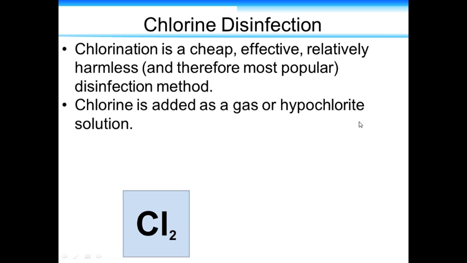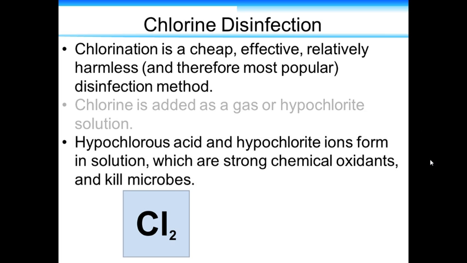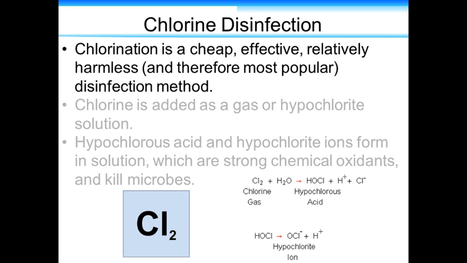Sometimes it's also added as a hypochlorite solution, and these hypochlorite ions also kill microbes. So chlorine gas will form the hypochlorite ion, or they can add the hypochlorite ion directly.